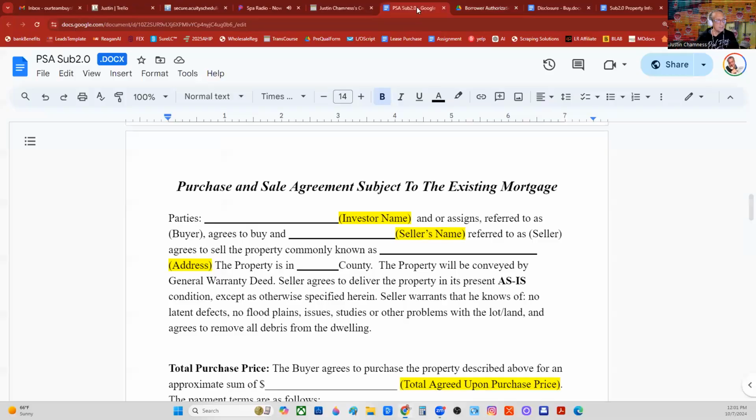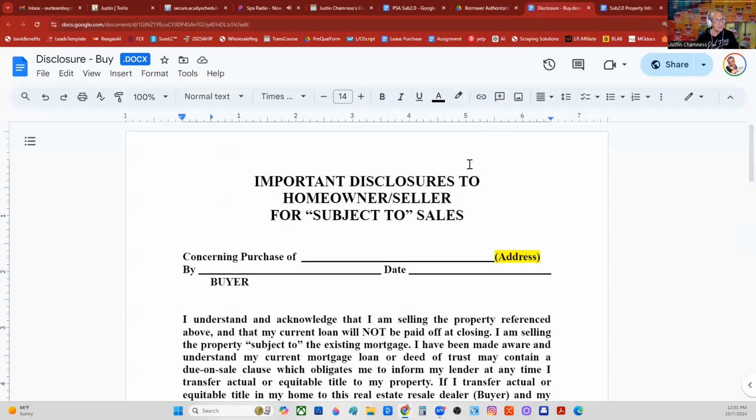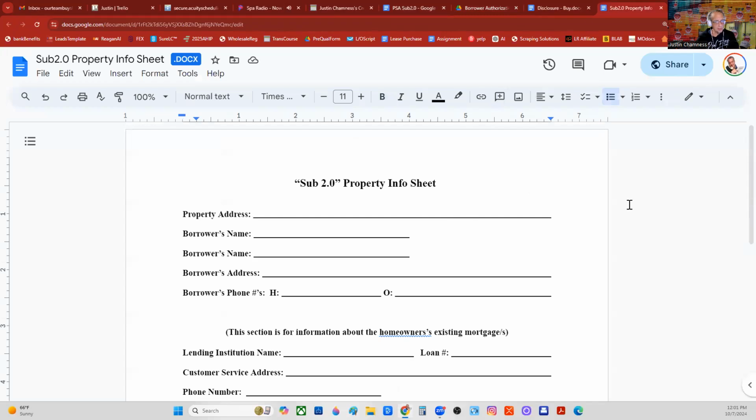You have the purchase and sale agreement, the borrower's authorization to release information, the disclosure for the seller, and this property information sheet. If you've packaged it all together nicely, put it in an email and send it over to the right title company or closing attorney, they'll have a lot of dry powder to go to work on putting together a great subject to transaction for you.